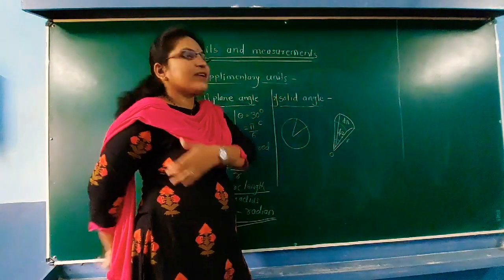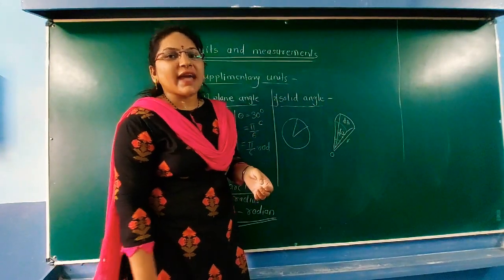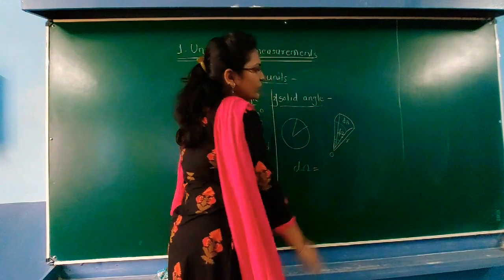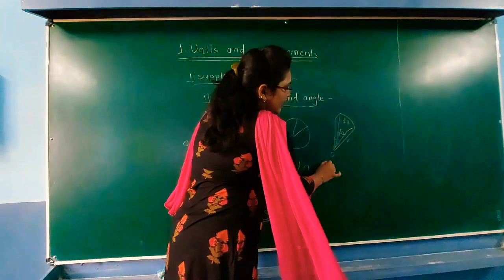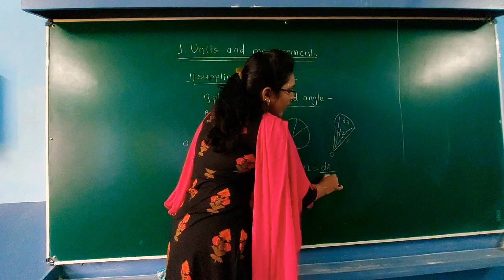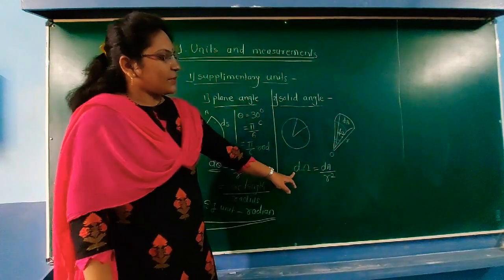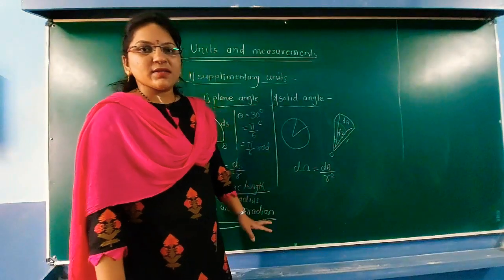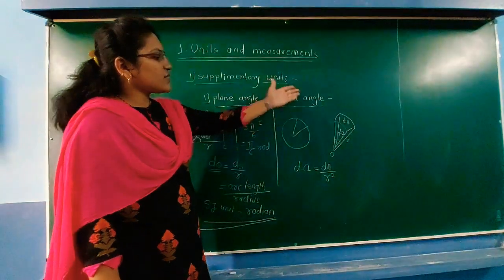Then how can we find out the solid angle? The solid angle is found by the formula dA upon r square. So we can say what is the solid angle?